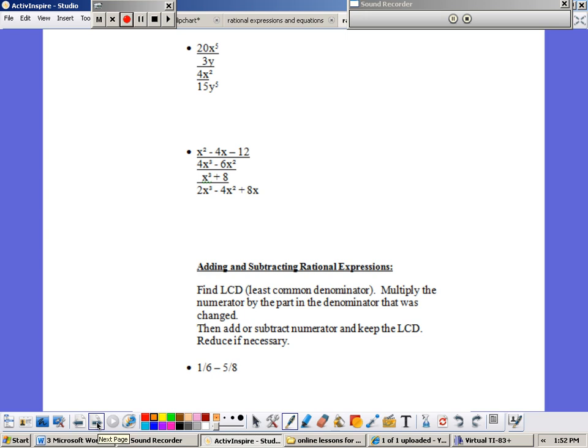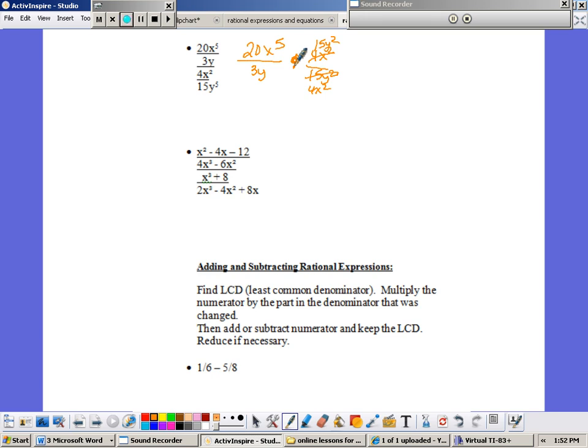Okay, this is just a double stack fraction. If I unstack it, it becomes 20x to the fifth, 3y, divided by 4x squared over 15y squared. So these are going to switch. Because there are no addition or subtraction signs in any of them, I can cancel one thing at a time.